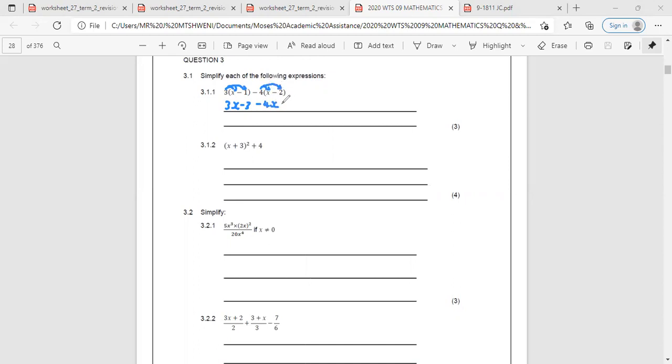Negative 4 times negative 2 is plus 8. The like terms: 3x minus 4x is negative x. Negative 3 plus 8, you get a 5. So plus 5.